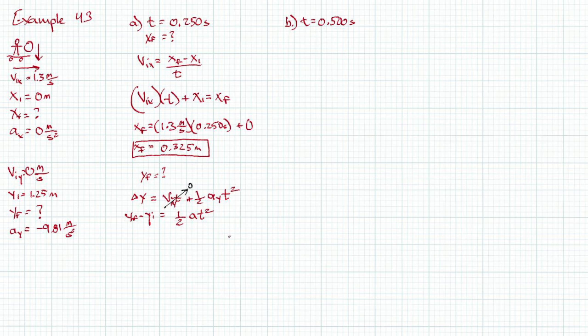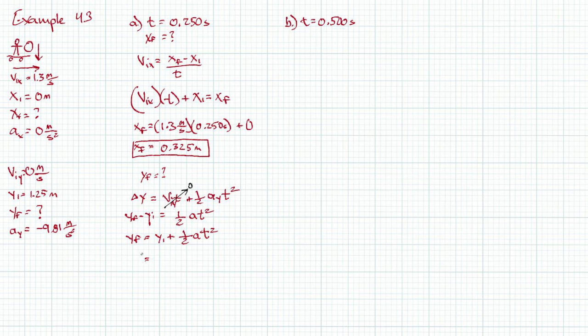All right, let's move our y initial over there, and then we can plug in and get our answer for y final. Y final equals, adding y initial to both sides, y initial plus 1/2 a t squared.